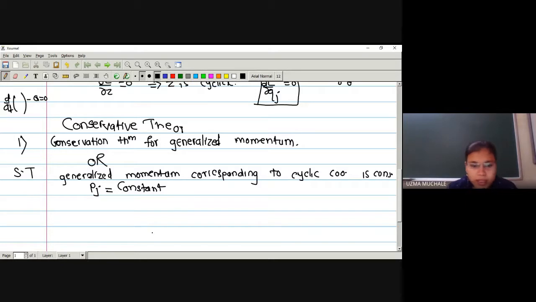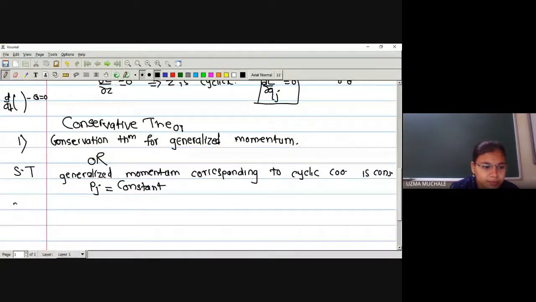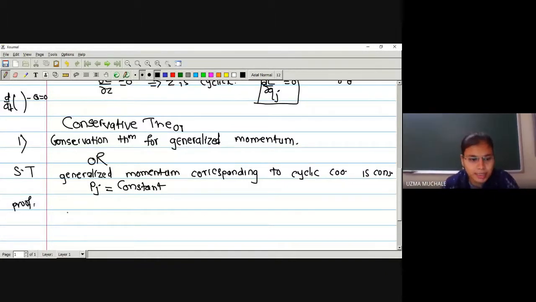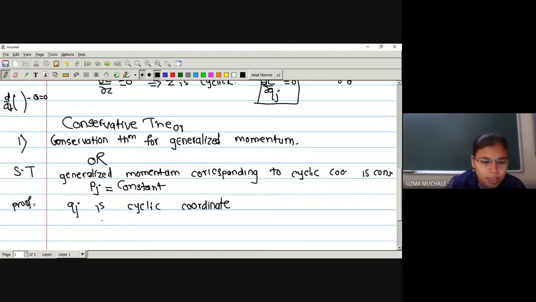Let it be. What is given to us actually? We are provided with one cyclic coordinate. In this example, we are provided with one cyclic coordinate, right? So what is that cyclic coordinate? Let us assume that Qj is a cyclic coordinate.